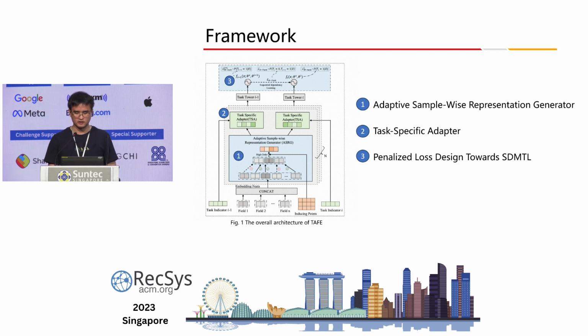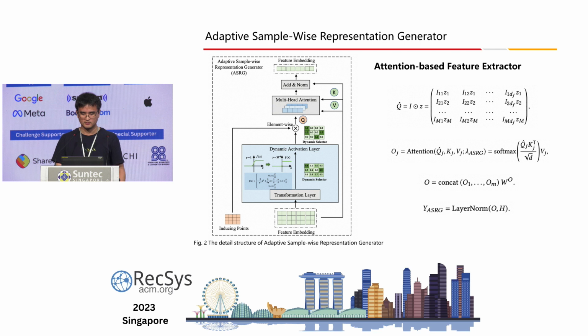The third part is the loss function designed by my colleague, which contains sequential dependency between tasks. Unlike the traditional approach of designing different losses for each task and summing them, our loss function can provide more supervision signals. Next, let's take a detailed look at the extraction of shared information.